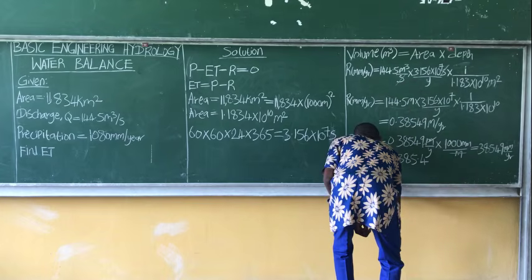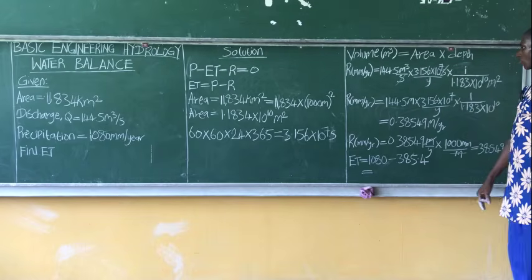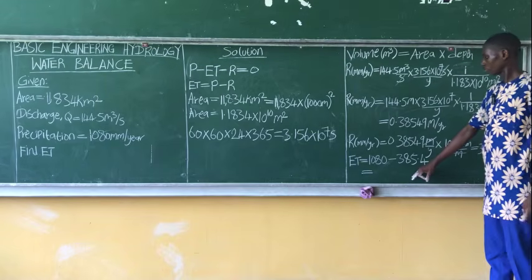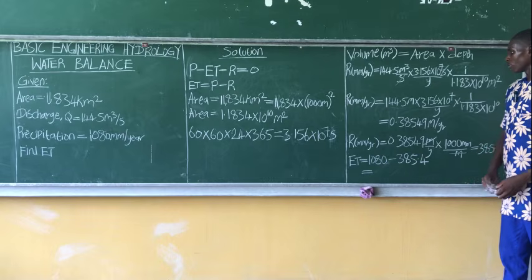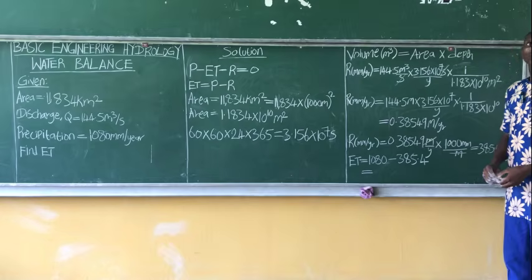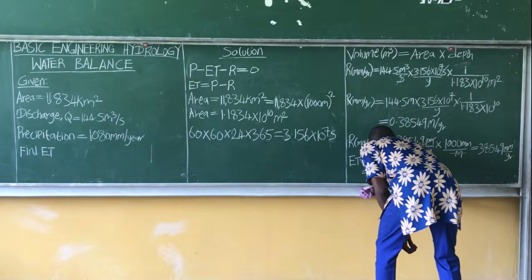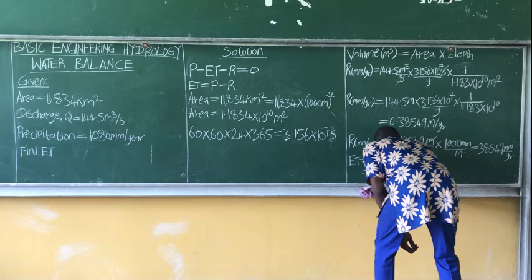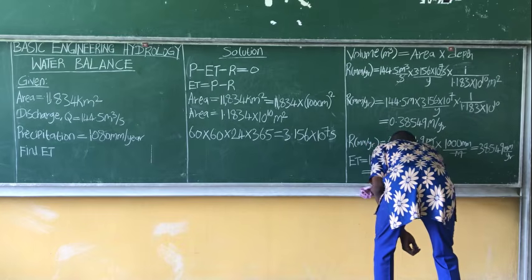Hence, we have our evapotranspiration to be 694.6 millimeters per year.